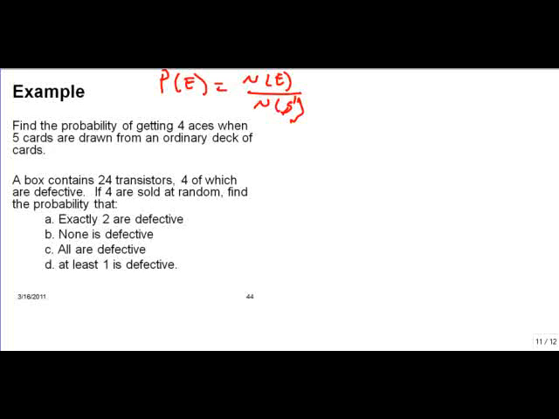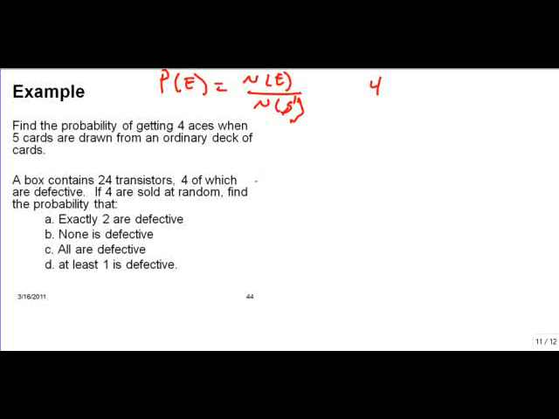So we have to come up with how we get 4 aces, and then how we get that extra card. All we have to do is ask ourselves, how many aces are in a deck of cards? We know that there are 4 aces, and we want to get all 4 of them.